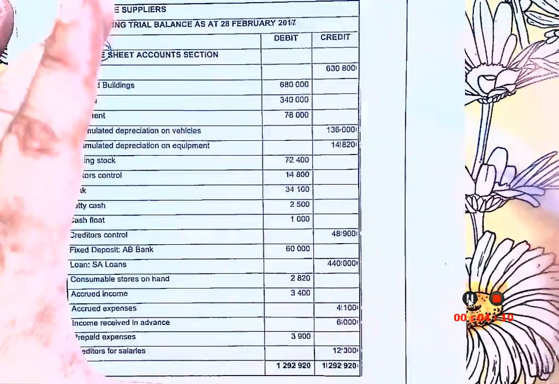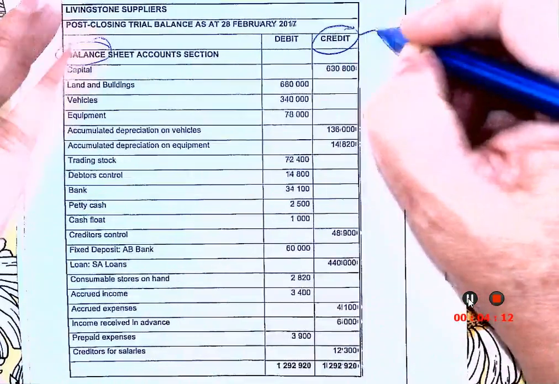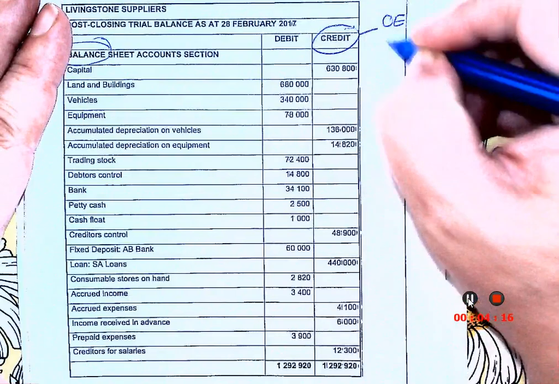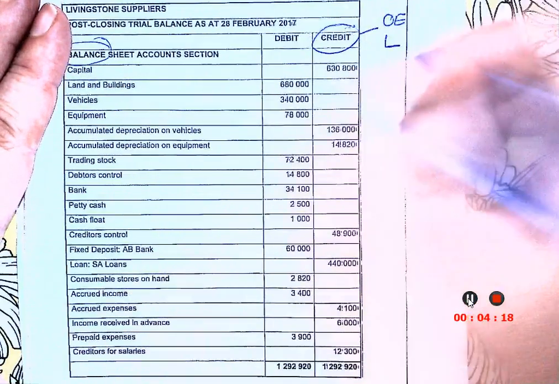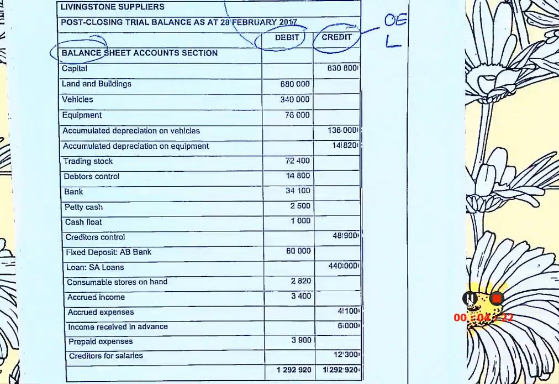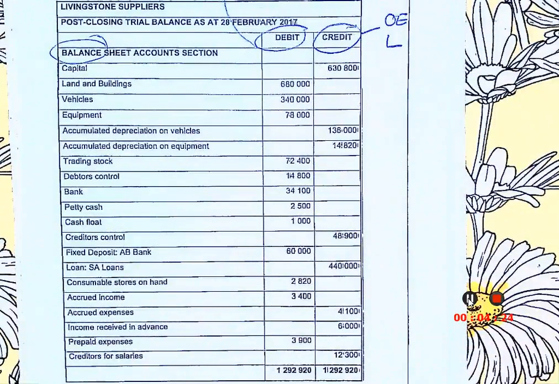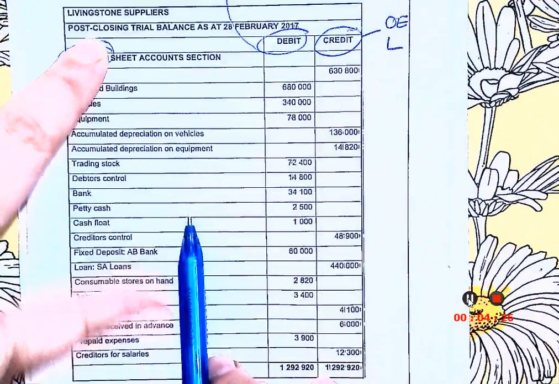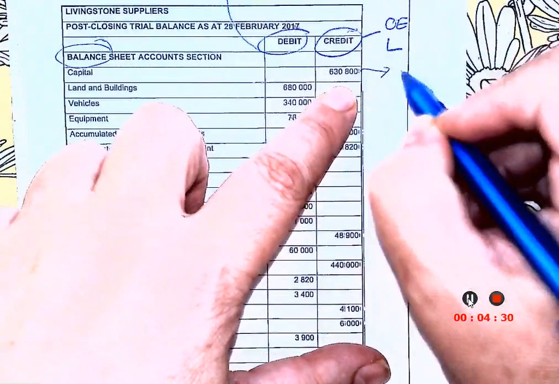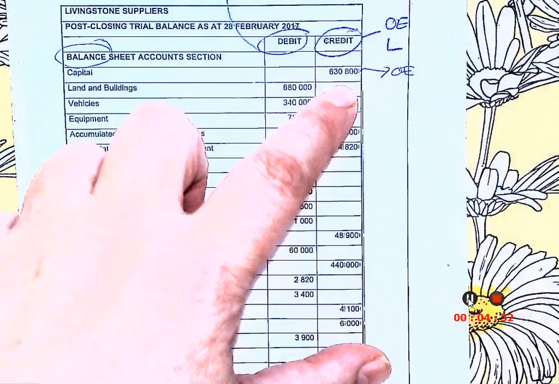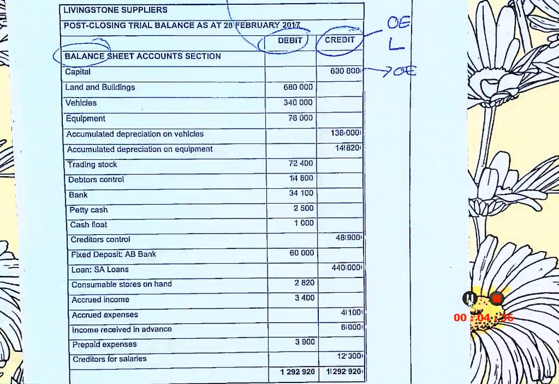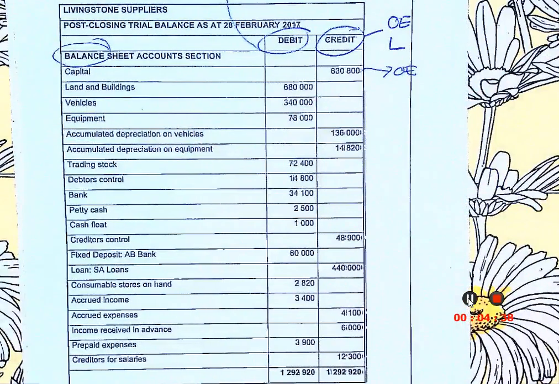So the credit side in the B accounts, I know it's my owner's equity and what else? My liabilities. The debit side is my assets. Easy as that. Now, can you see it's a post-closing trial balance, meaning that 630 is already the owner's equity. Because what do I do post-closing? I close off drawings to capital.